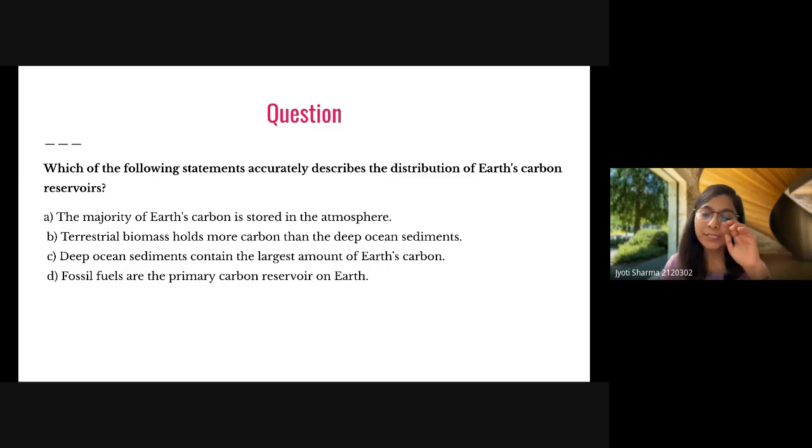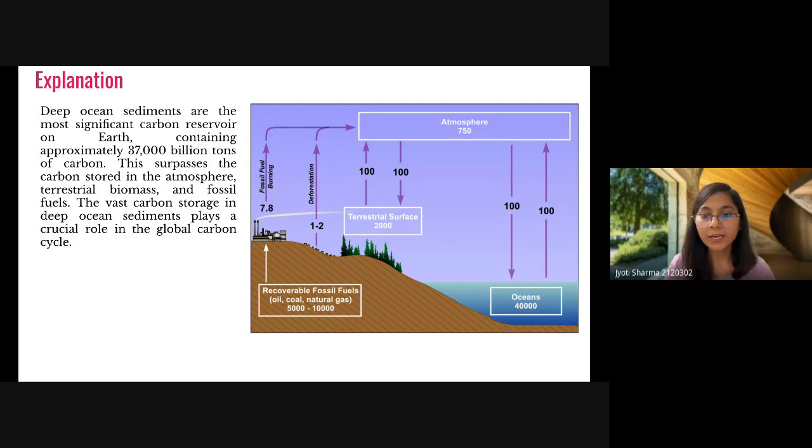Then if you look at the distribution of carbon on the earth, you will get to know that most of the carbon is present in the deep ocean. The write-up is saying that 37,000 billion tons of carbon is present in the ocean, which I think is a little overestimation.